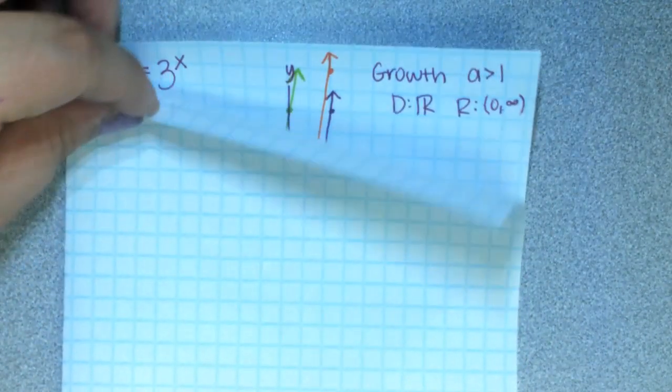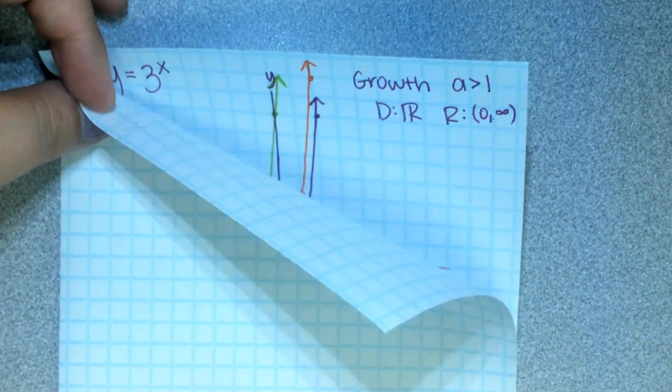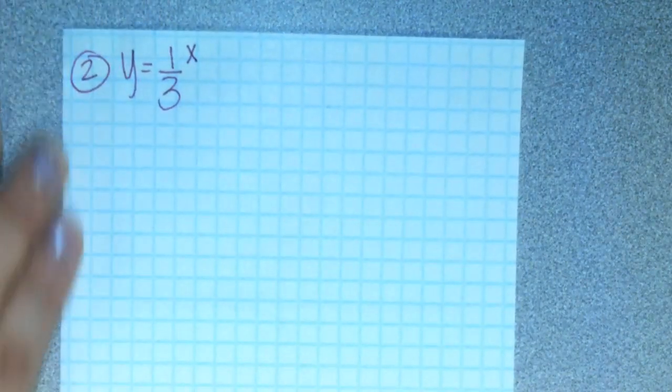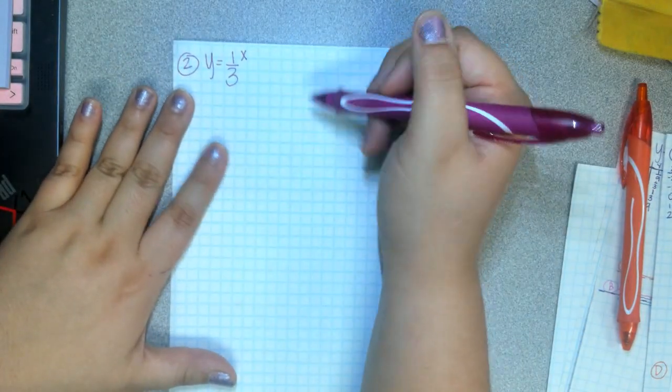Again, it doesn't matter where you put it. I just want to be able to glue down, so that's why I'm doing it right there. And then draw your X and Y axis again, please.